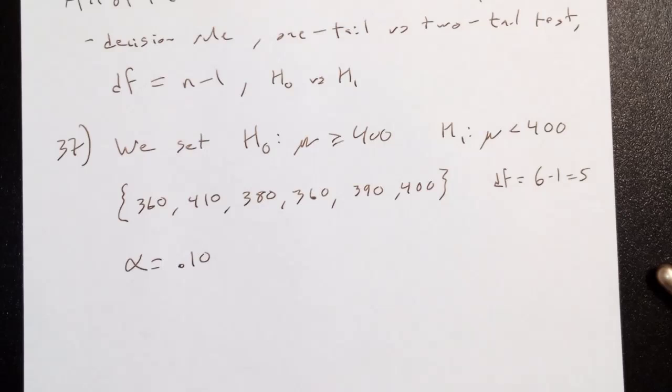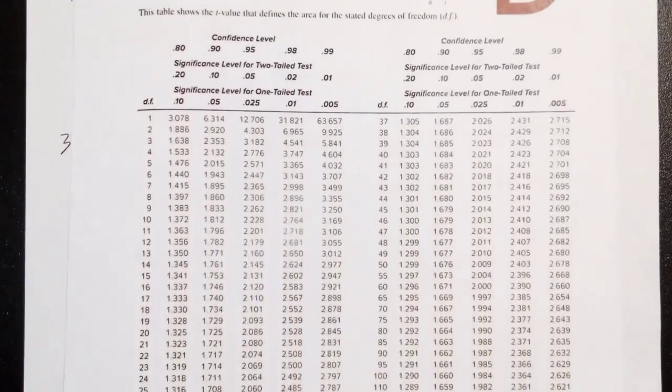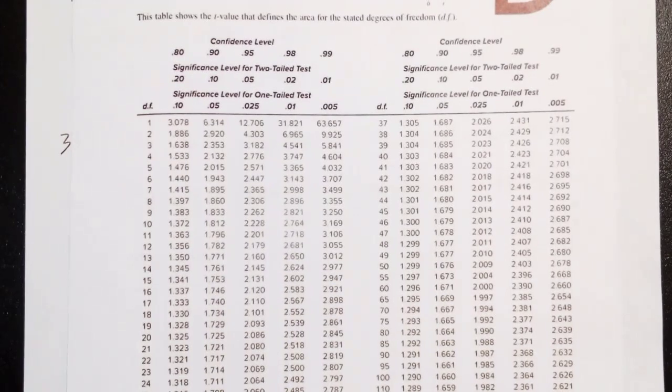I need a critical t-score. So I need either my table or I need to open up Excel. We're going to do it both ways. We'll start with the table version because I have that in front of me. Is this a one tail or a two tail?